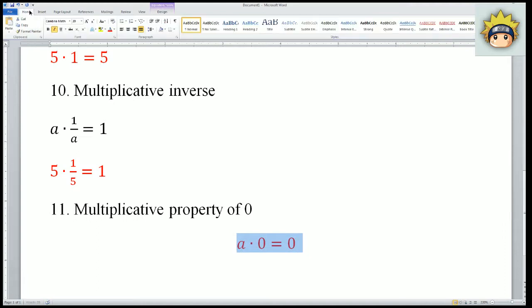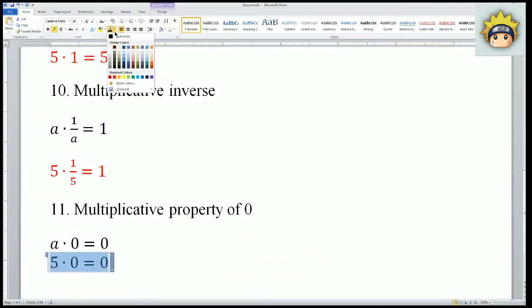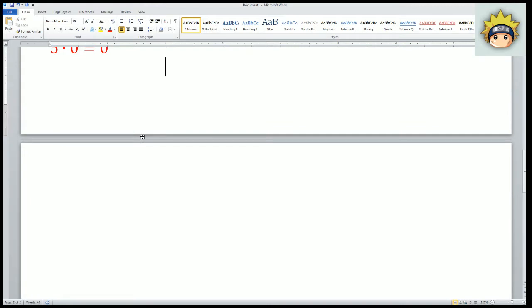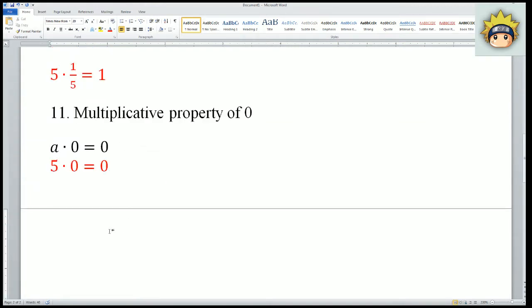Let me make that this color so you can see it. Now, let's do the example. Let's just substitute 5 in here for A. 5 times 0 is going to be equal to 0. That is called the multiplicative property of 0.